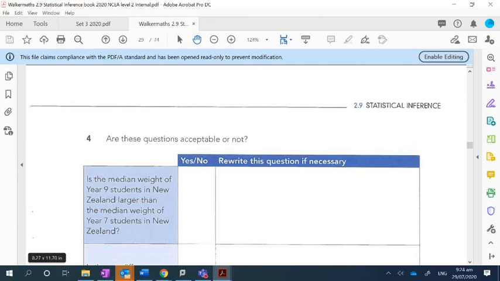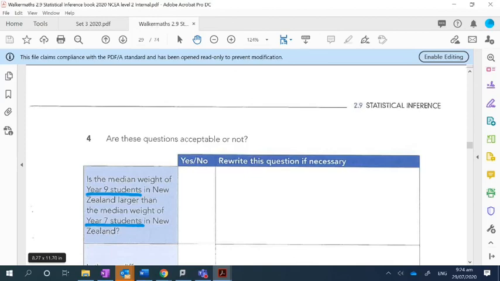Sure. So this is an example of a good question. Even though they're not comparing male to female, they're comparing year 9s to year 7s, the population that they're comparing is still very well defined, isn't it? Couldn't you find the median weight for year 9 students?